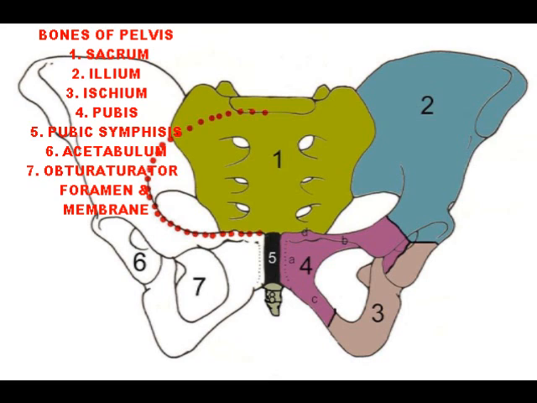Ramus is just a branch, and there's a pubis ramus branch, which is a branch of the pubis, more inferior and medial, located towards your area of the dorsal nerve. So, anyways, during this presentation, when I say that number four is the ramus, just note that it's actually the pubis and not the ramus.